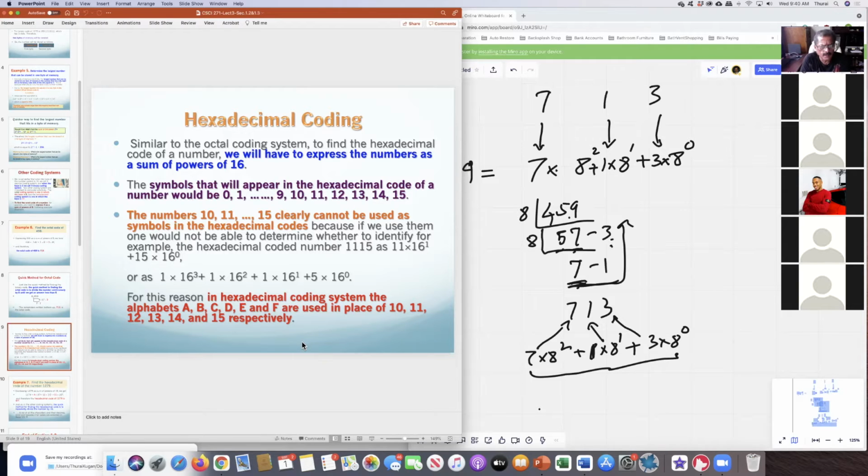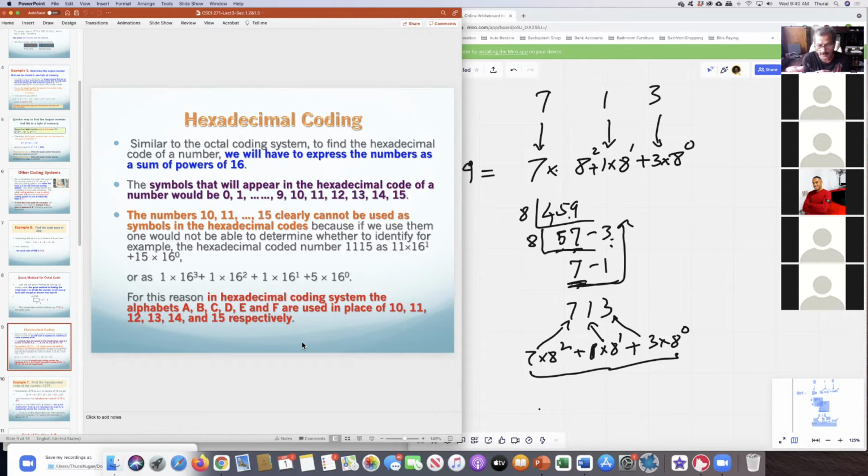Okay, so why do we learn this? In advanced computer science later, this course is designed to be the foundation for all computer science majors. So these coding systems will come up in your more advanced classes because, for example, computer memory has addresses.